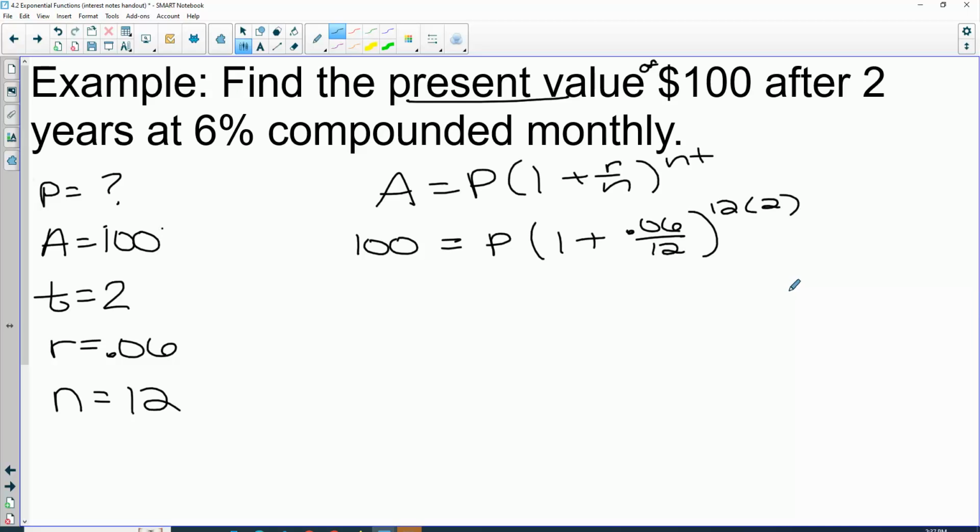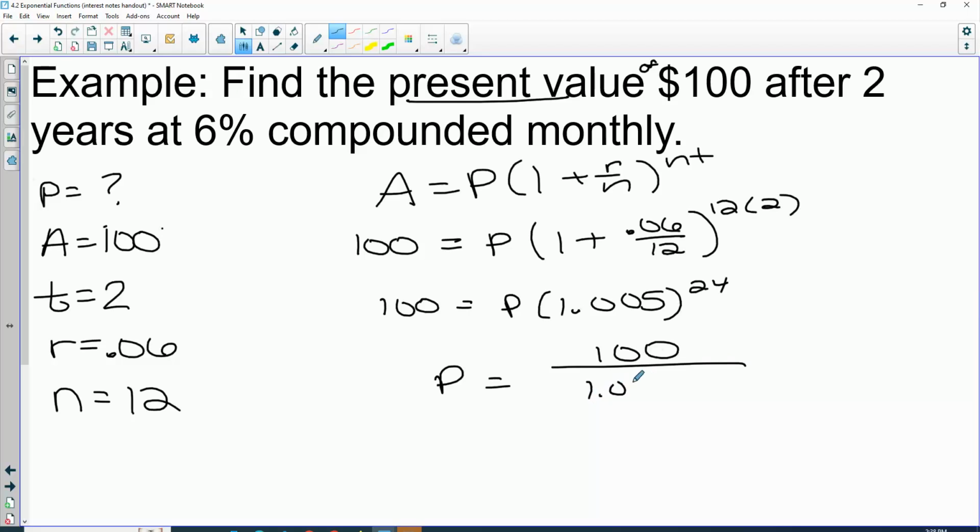Could you just go ahead and divide that whole thing over if you wanted right now? You can. You have a calculator, it's not a big deal. If you simplify it first, 1 plus 0.06 divided by 12, 1.005. 12 times 2 is the 24th power, so to get P, we are just dividing 100 by that.